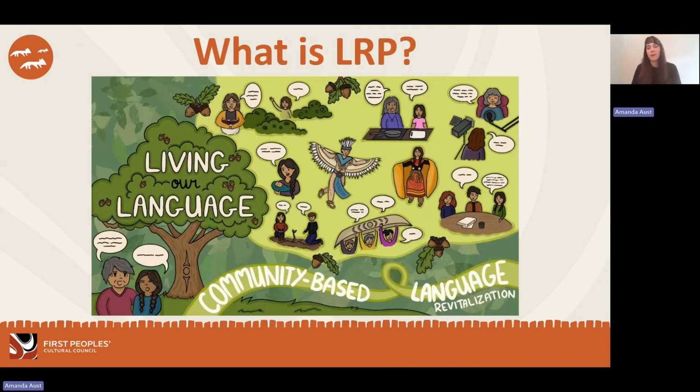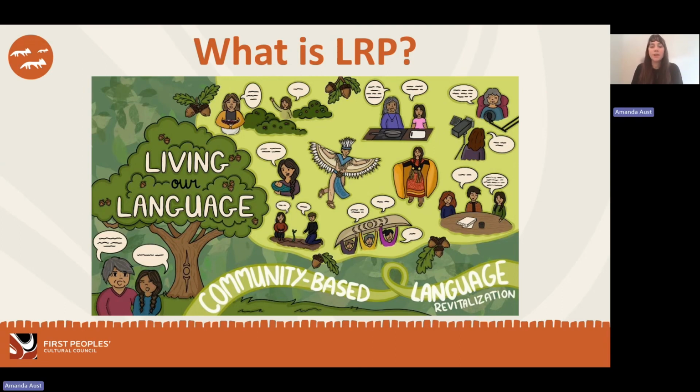So what is language revitalization plan development? FPCC has offered funding and support for the development of language plans since 2010 in various formats. We believe that with strategic, long-term language plans, communities can revitalize their languages in a strategic way. Language plans support communities to access funding by demonstrating capacity and self-determination and mobilize the community's vision of language vitality.